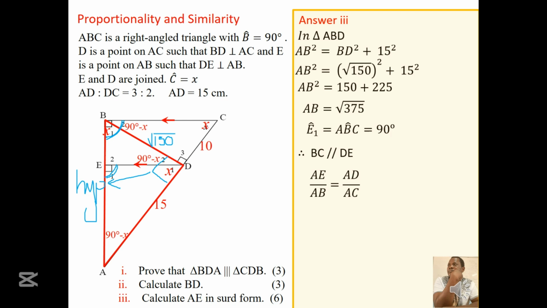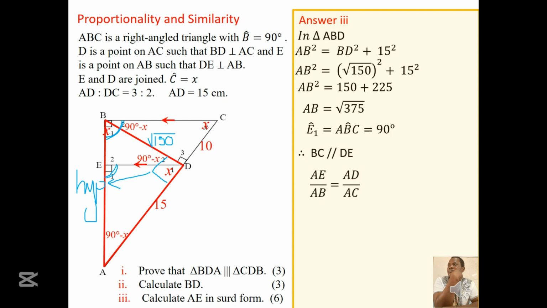And because of the parallel lines, line DE and line BC, we can apply the proportionality theorem. The proportionality theorem is applicable each time we have a triangle in which there is a line drawn which is parallel to one side of the triangle.